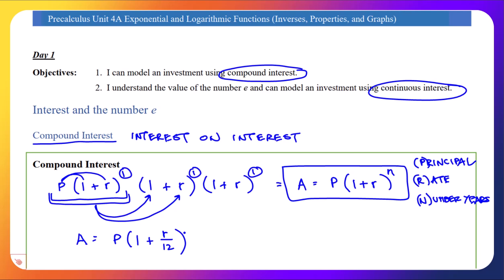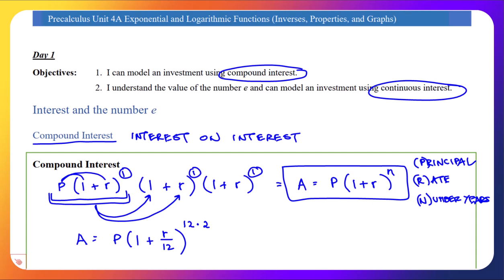If I do this each month during the year, I'm going to compound the interest 12 times, after each month. If I do this for multiple years, like after 2 years, I'll have done it 24 times, 3 years, 36 times, the number of months in that many years.